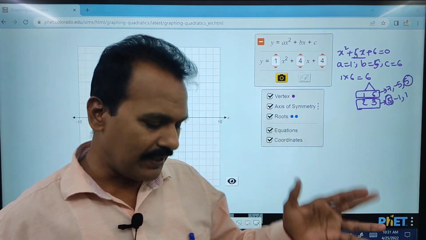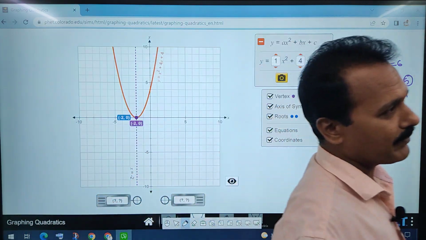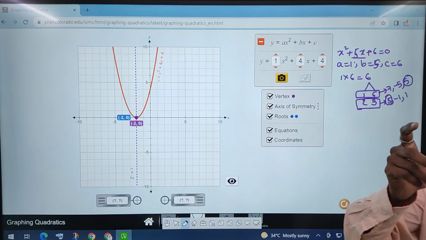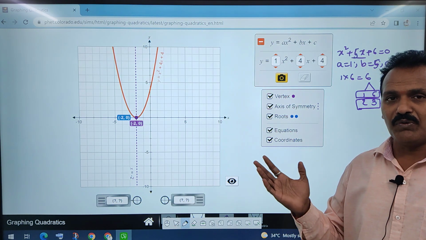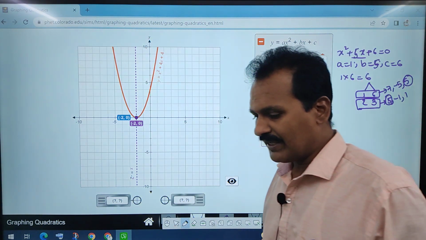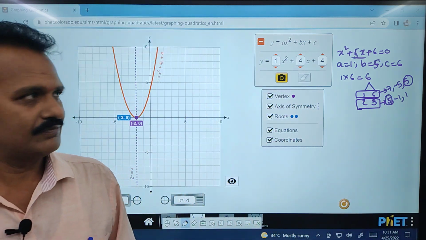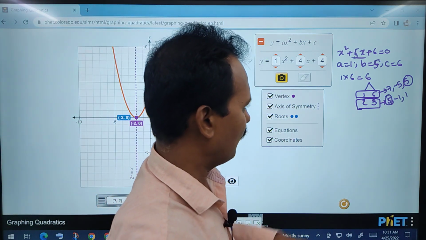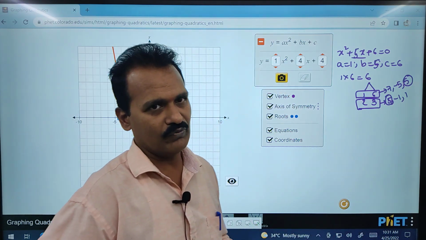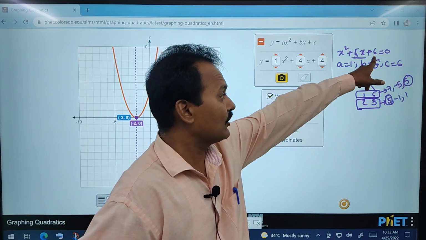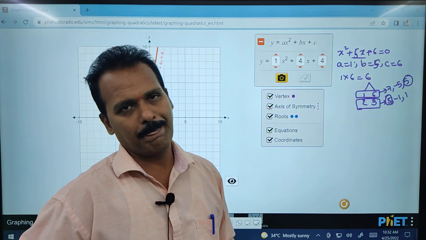That means one number has a plus sign and another number has a minus sign. If you multiply one positive number and one negative number, you will get negative 6. 1 into minus 6, or 6 into minus 1, you will get minus 6. But here the product should be positive.